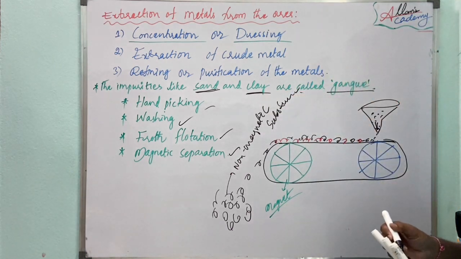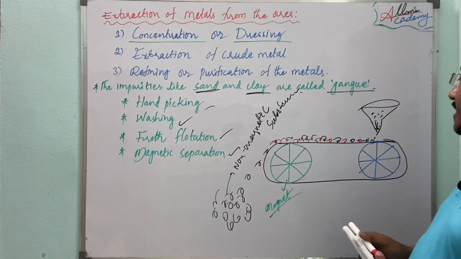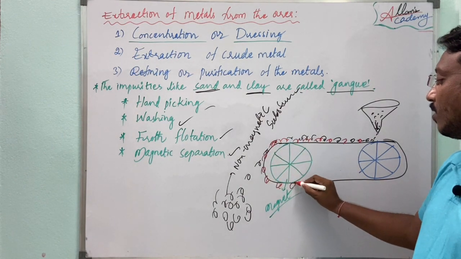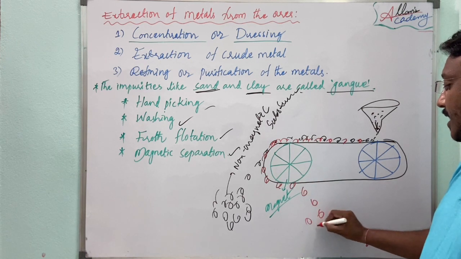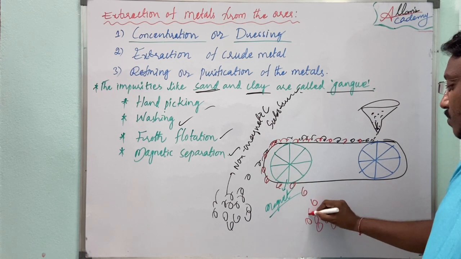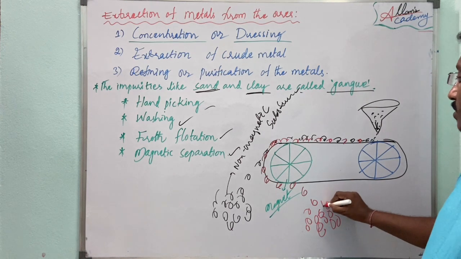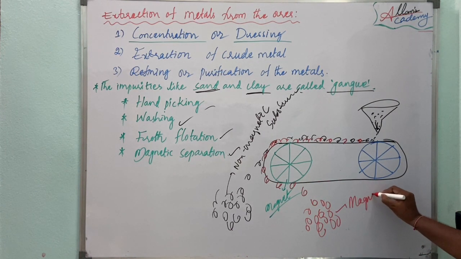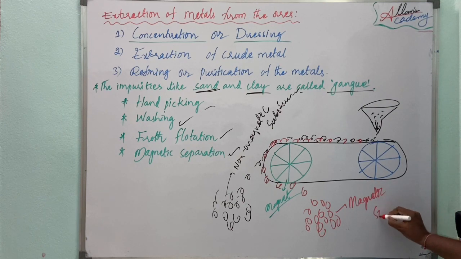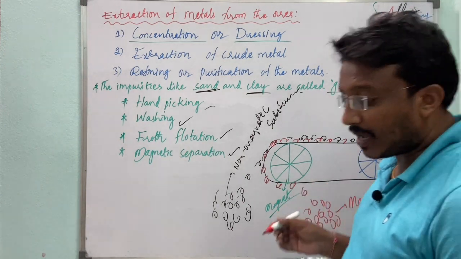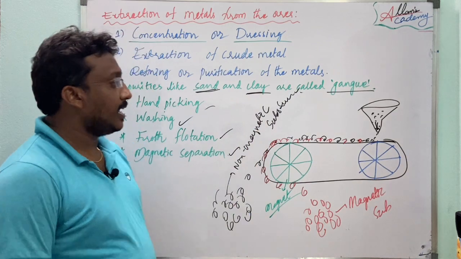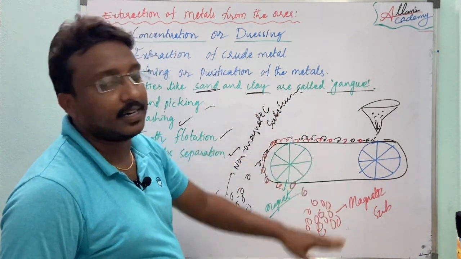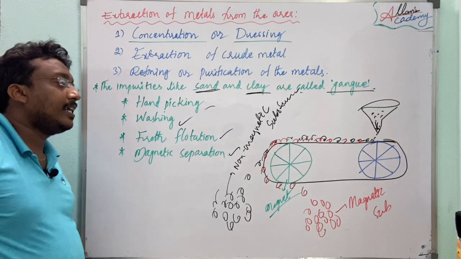Then the magnetic substances are collected here. These are magnetic substances. This is one of the methods of separation, called magnetic separation.